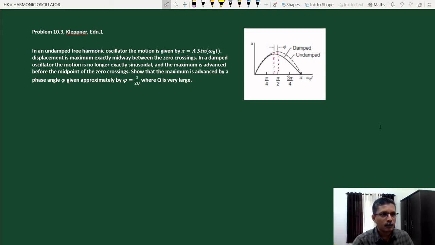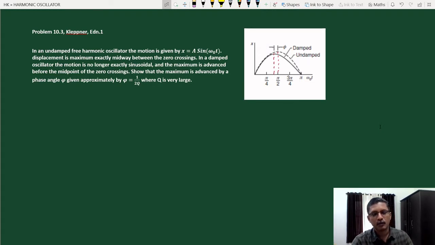Let's consider this problem. In an undamped free harmonic oscillator, the motion is given by x equals a sine omega 0 t. Okay, so in the previous discussion of ideal harmonic oscillator and damped harmonic oscillator, we used a cosine function, but we know that any sinusoidal motion can be represented equally by a sine function also.